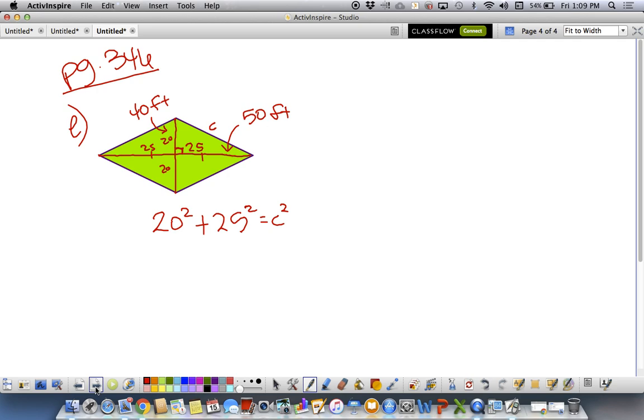And then it says, what's the perimeter of the courtyard to the nearest foot? You're all plugging things in. What do we round it up to? It says, round to the nearest foot.